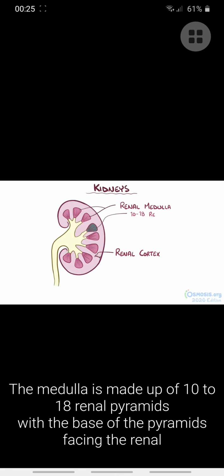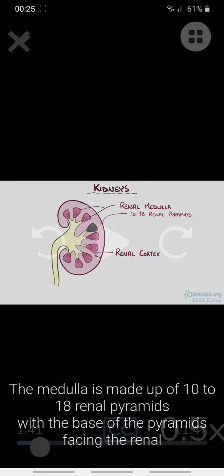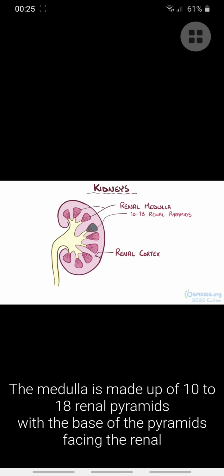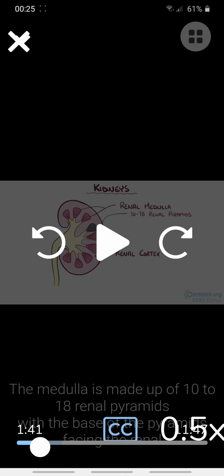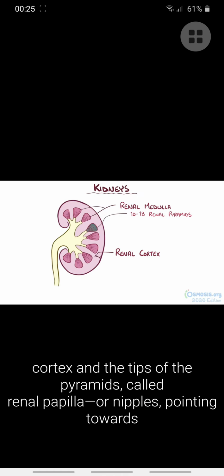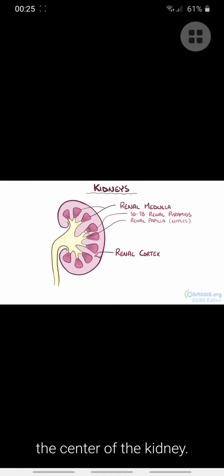The medulla is made of 10 to 18 renal pyramids, with the base of the pyramid facing the renal cortex and the tip of the pyramid, called the renal papilla or nipple, pointing to the center of the kidney.